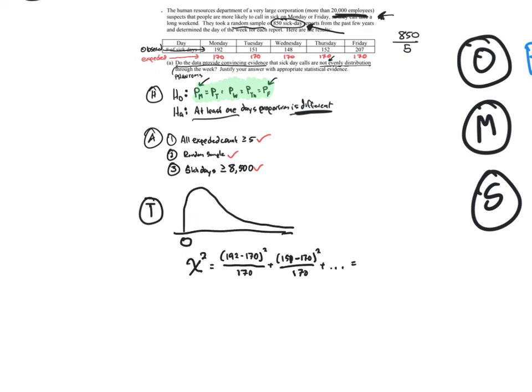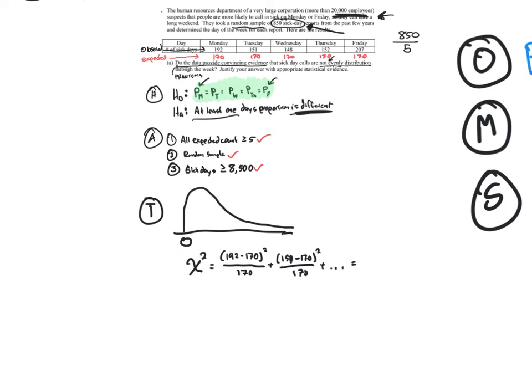Let's go. So stat, edit. First thing we got to do, put our data in. L1, L2, observed in L1. So that's what I'm doing right now. And then I'm going to put my expected in L2. Okay, that is done.